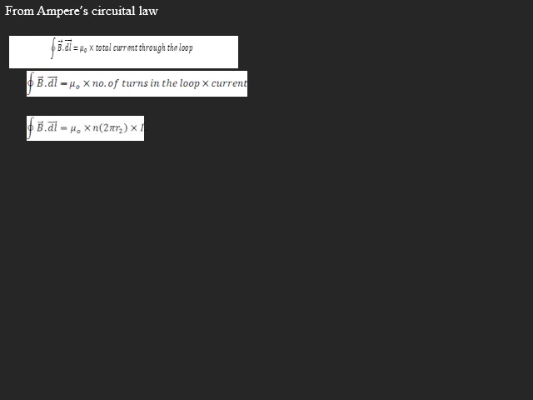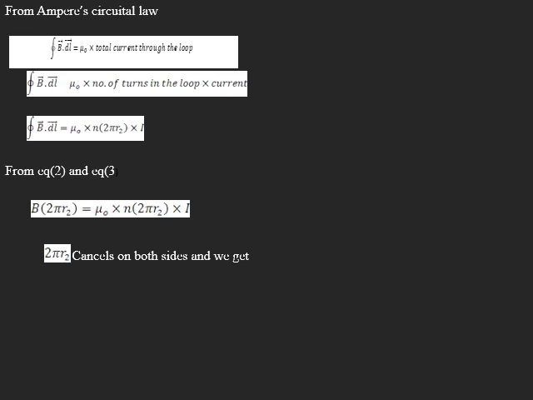So integral B dot dl is equal to mu naught times n into 2 pi r2, which is the number of turns in the loop, into I, the current. That is equation 3. When you compare equation 2 and equation 3, you get B into 2 pi r2 is equal to mu naught into n 2 pi r2 into I. Here 2 pi r2 is the same on both sides, so the complete term cancels out. The remaining term becomes the total magnetic field for your toroid, that is B is equal to mu naught n I.